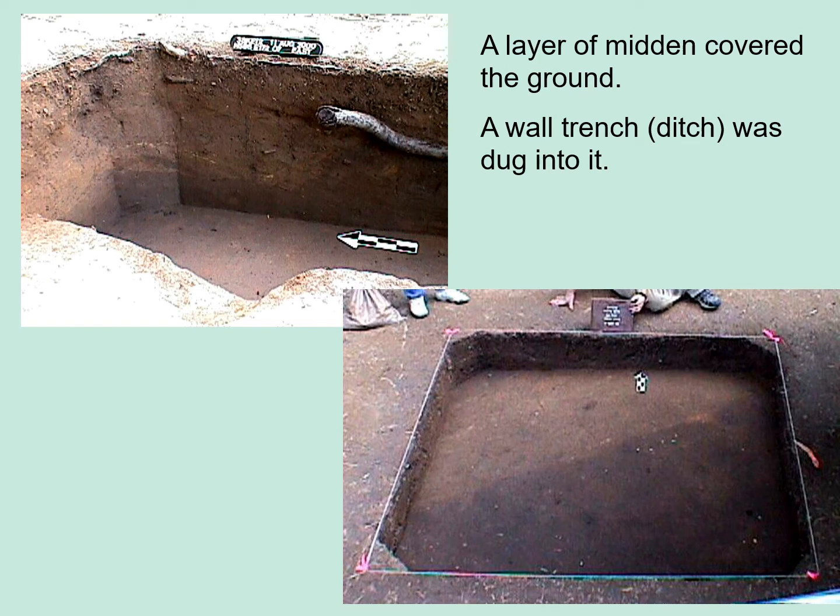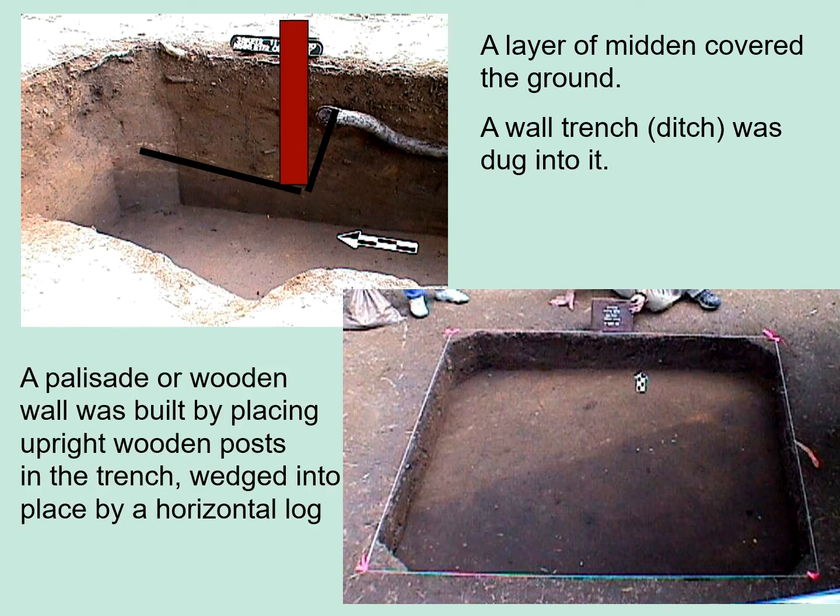So here it is again on the right. Originally, a layer of midden covered all the ground. And what we discovered once we cut into it was that people had dug a wall trench, that is a narrow ditch, into the midden. So here's the narrow ditch that they dug.